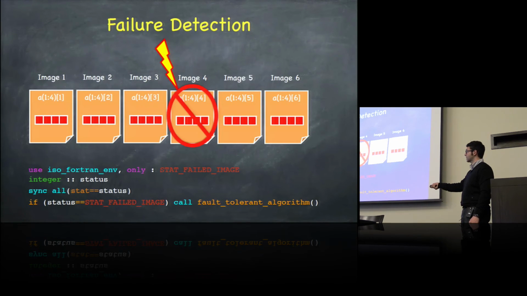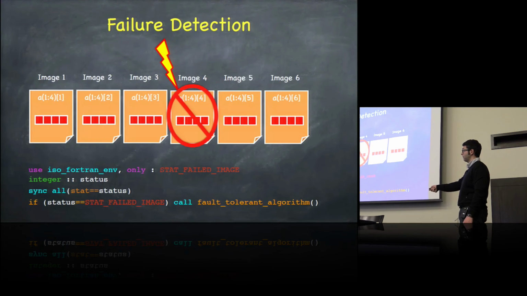And this status variable will have this value, stat_failed_image, which is a constant introduced by the standard that tells you, look, before this sync call, something went wrong. And because you are checking this condition, you can do something about it.